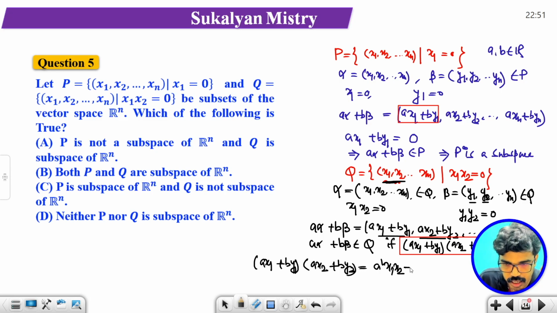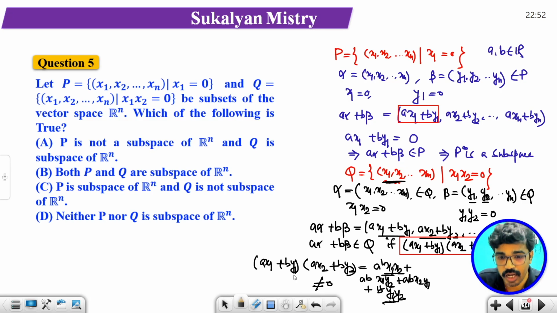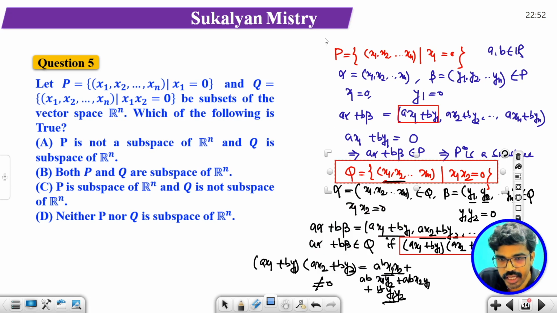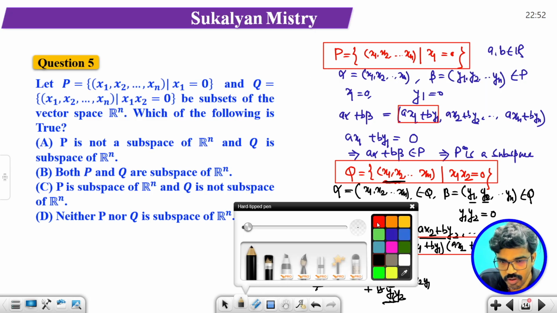ঠিক আছে plus ab x1 y2, ঠিক আছে, plus ab x2 y1 plus b square y1 y2. x1 x2 this is 0, কিন্তু x1 y2 that is not 0, so this is not equal to 0, so a alpha plus b beta does not belong to Q. ঠিক, so this is not a subspace. এটা subspace হবে না। বোঝা গেল, clear?